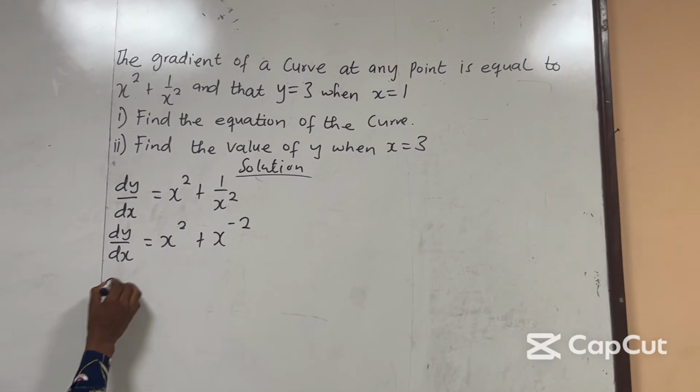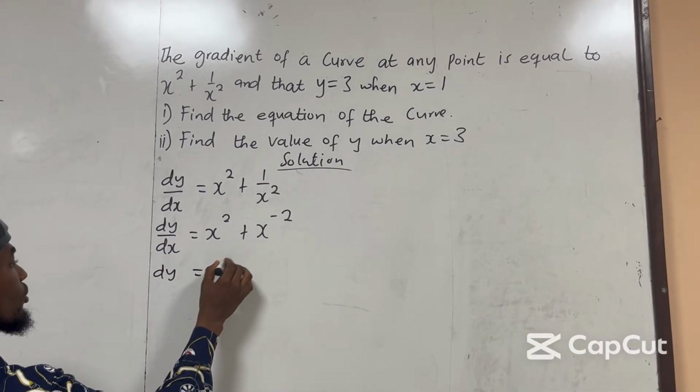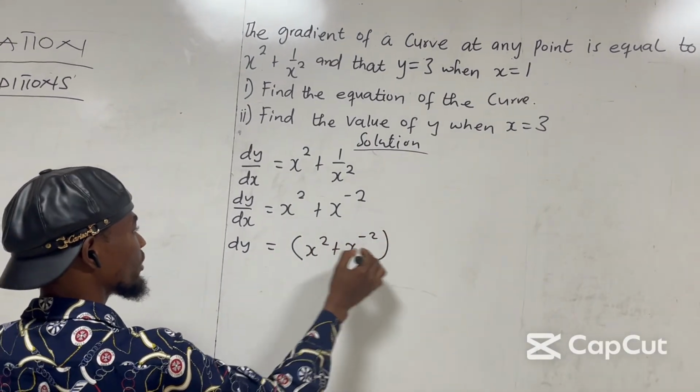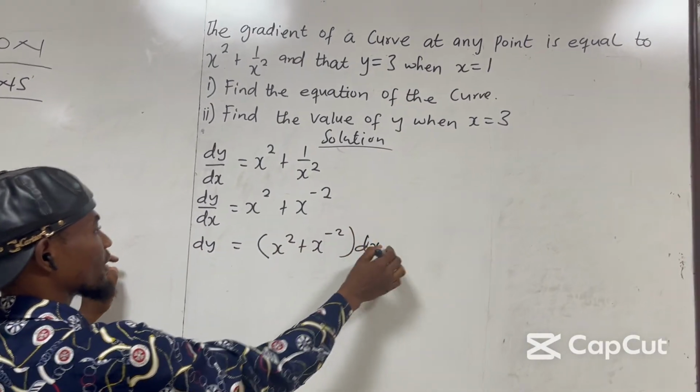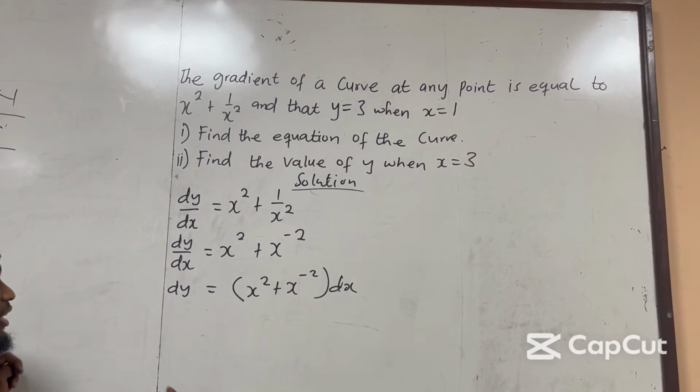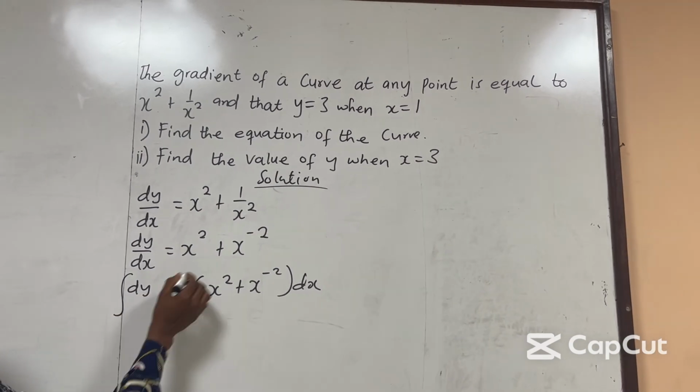Okay, so this is the same as dy is equal to x squared plus x to the power negative 2 times dx. Multiply here by dx, it cancels itself. Multiply here by dx. So you take the integral of both sides.